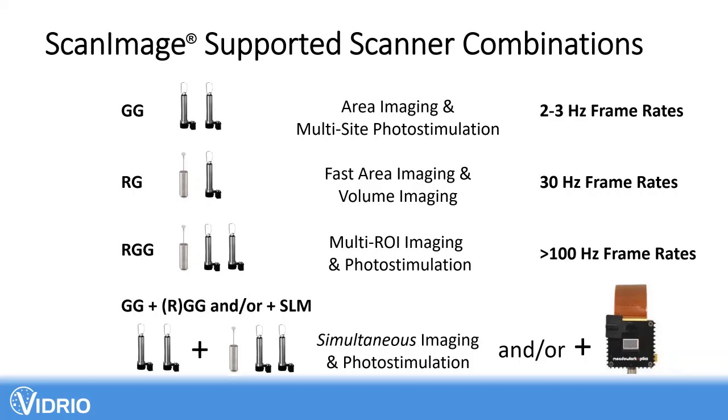People have demonstrated you can go over 100 hertz frame rates with this by looking at little postage stamp areas rather than the whole field of view. And then for the most complicated types of systems, you can have dual scan paths or more than dual scan paths, with photostim on one, imaging on another, adding SLMs and that kind of thing. So ScanImage is very flexible and supports all of these types of things.